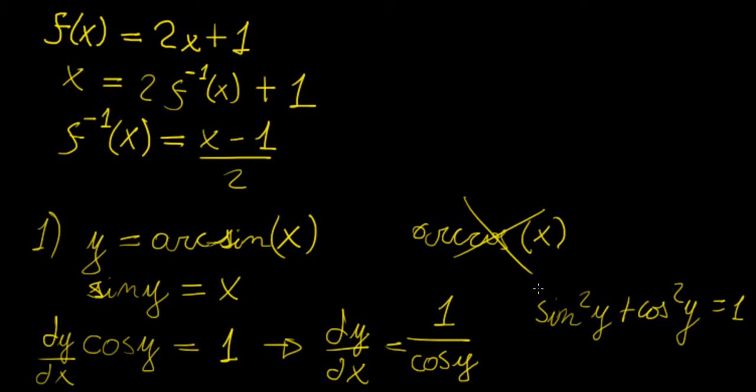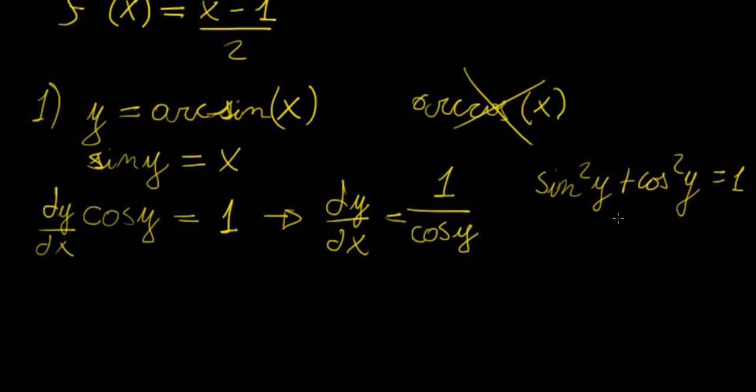The reason is that our original function is an inverse function of sine, so it makes sense to transform this cosine into an expression that contains sine, so that the two cancel out eventually. If we rearrange the terms, we arrive at the relation cos of y equals the square root of 1 minus sine squared y.